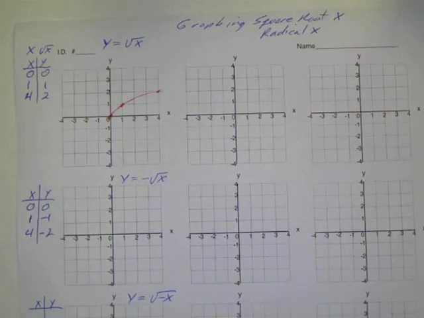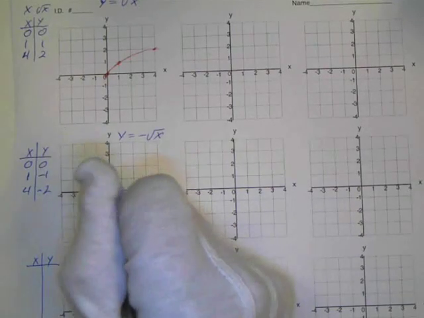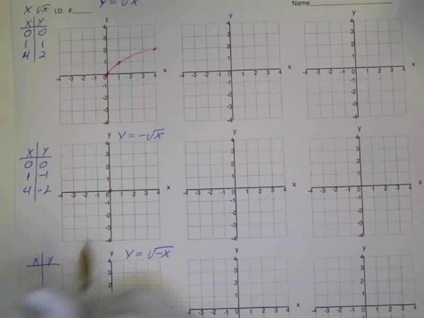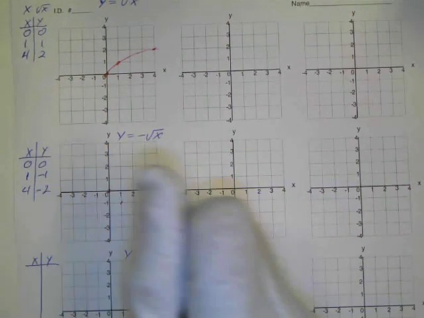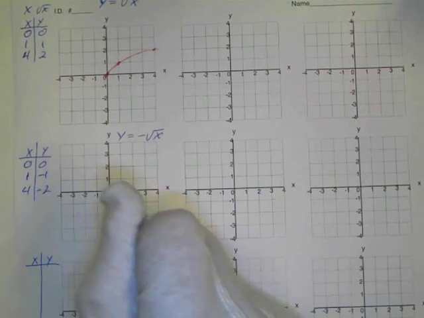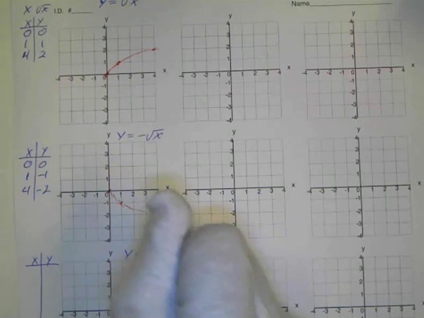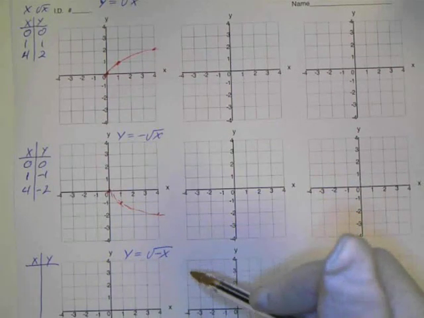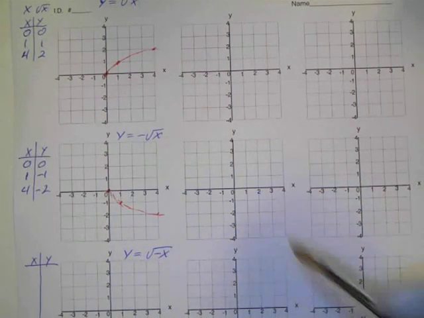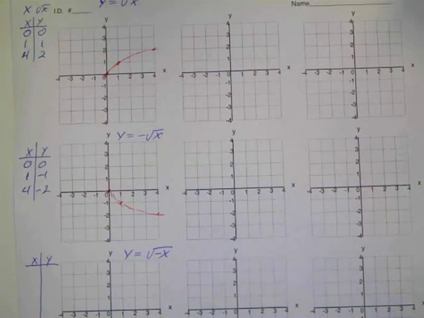So those are my points, and I'll graph those. This is the point of origin. 1, negative 1. 4, negative 2. And you can see that now it's below the x-axis. And it's just kind of flipped from this one. In other words, it's just symmetrical to the x-axis. So just put a negative sign, that just kind of flips it about the x-axis.